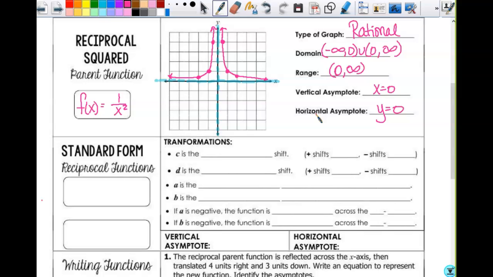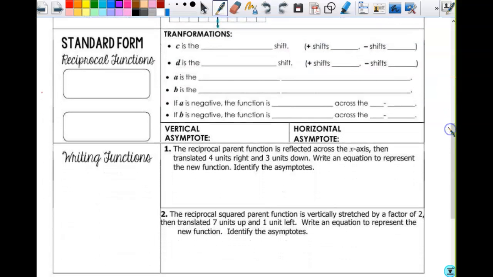So, like I said, we're going to take these and we're going to do the transformations that we already know how to do. Okay, so what we're about to put on here is really no different than what we've been doing. It just looks a tiny bit different because of the way the parent functions are. So if I have f of x, I'm going to have a in the numerator, the denominator is b times x minus c, and then plus d out here.